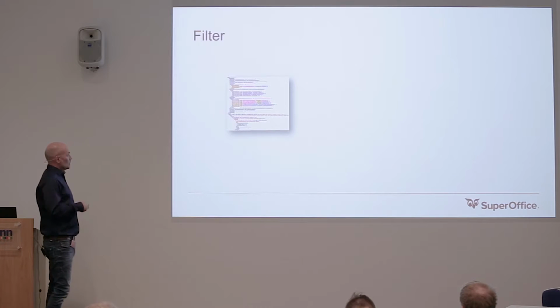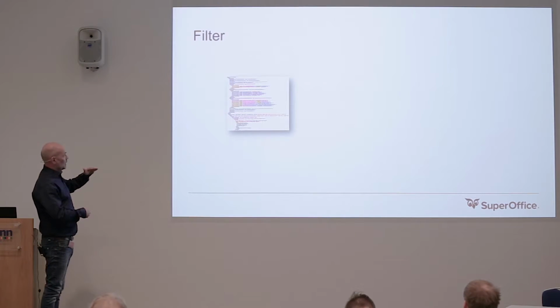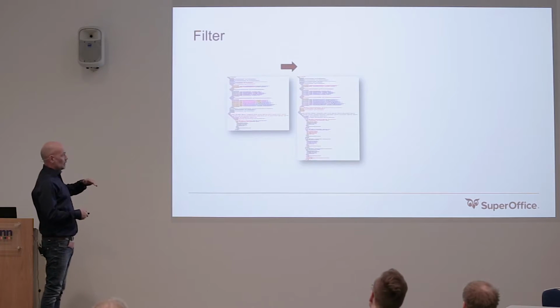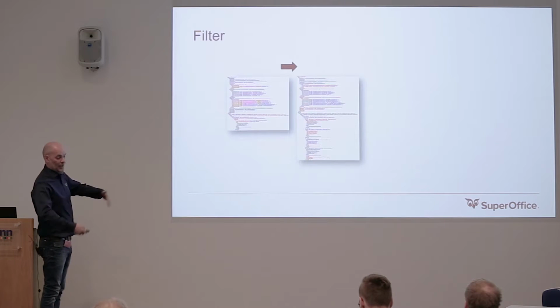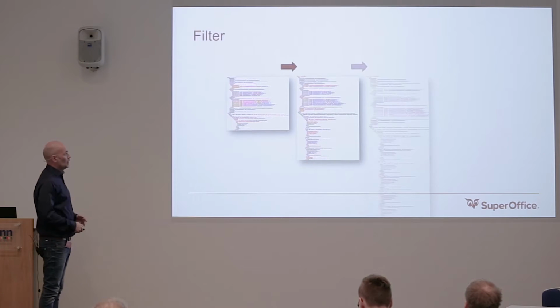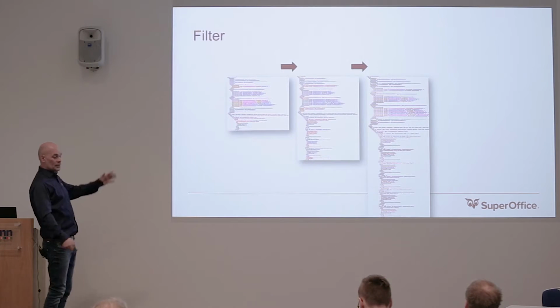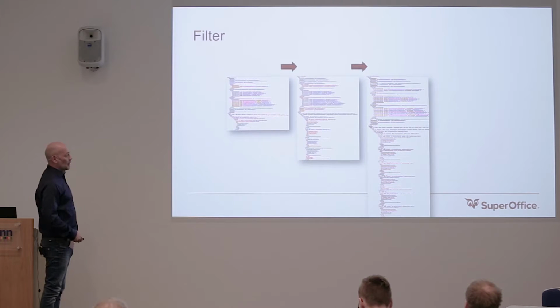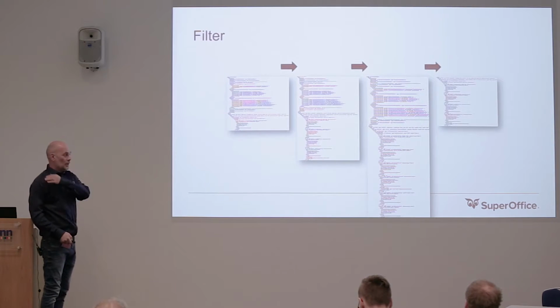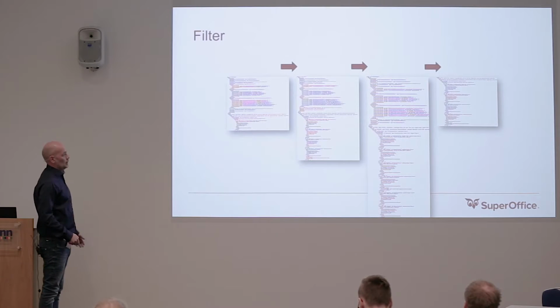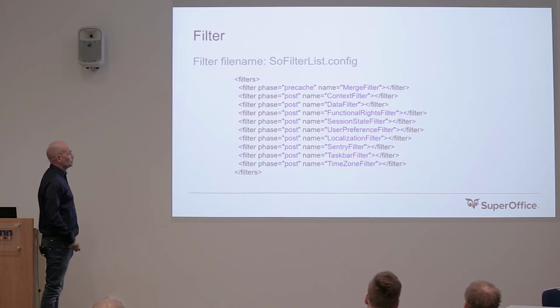So what happens is you get a huge amount of XML describing your page. That will potentially expand with the fragments and everything to an enormous XML. And then the filters will strip away everything that is not needed, and then it's rendered out.